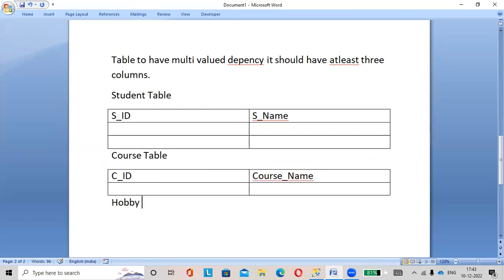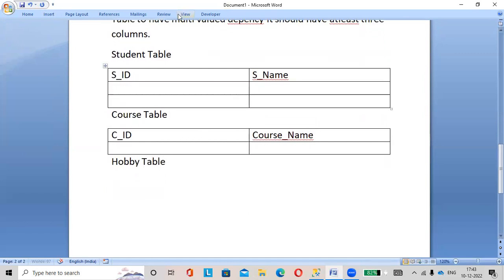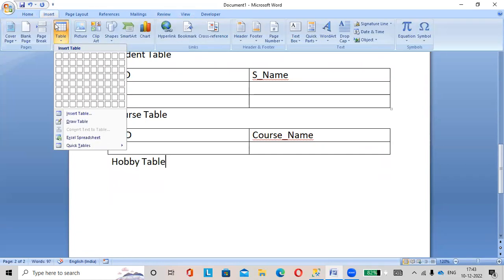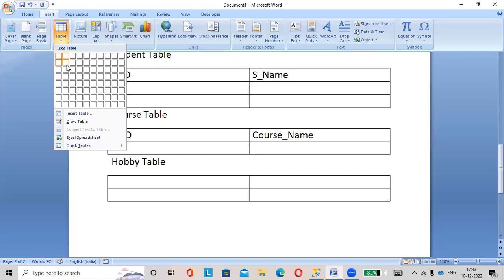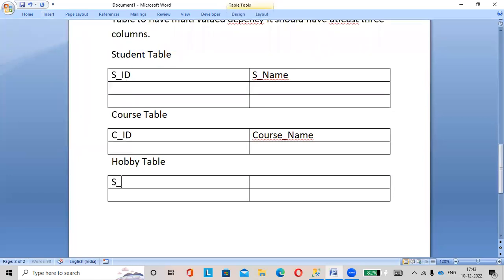Then hobby table: student ID and hobby. Now here multi-value dependency has been removed. Now the relation satisfies the 4th normal form.